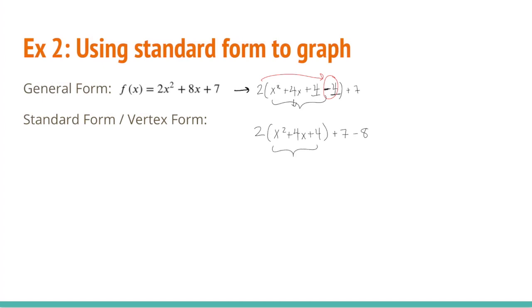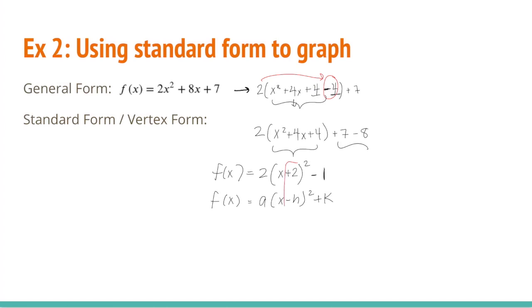Okay, and now on this step, I want to go ahead and factor that. I know that that factors to (x plus 2) squared. And then this 7 and -8 simplify to -1. So now I'm looking at this. This is my vertex form. I can compare it to our template vertex form.